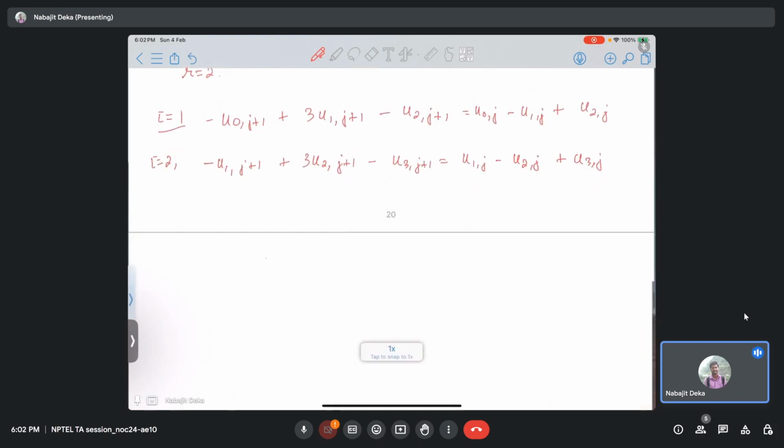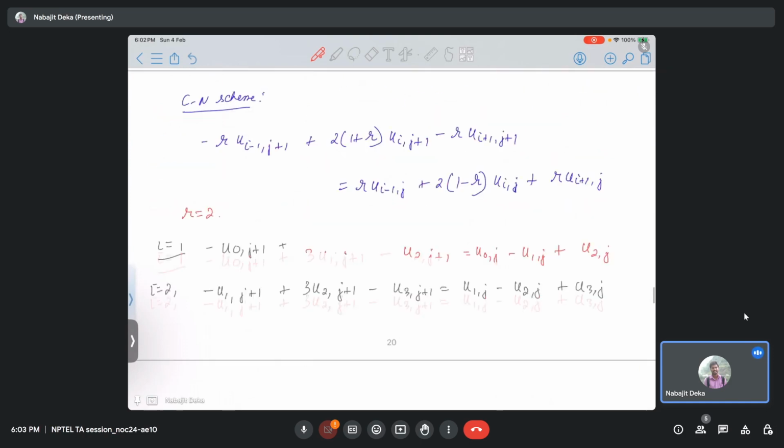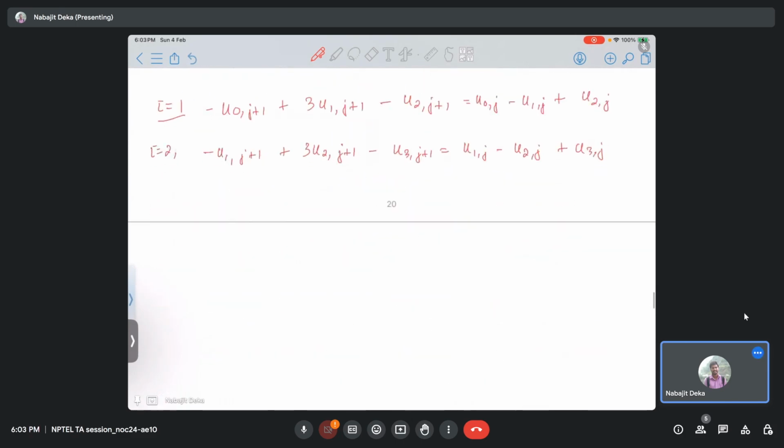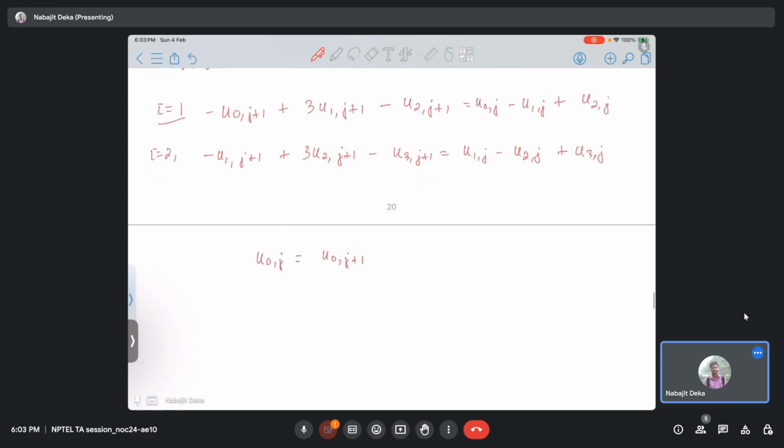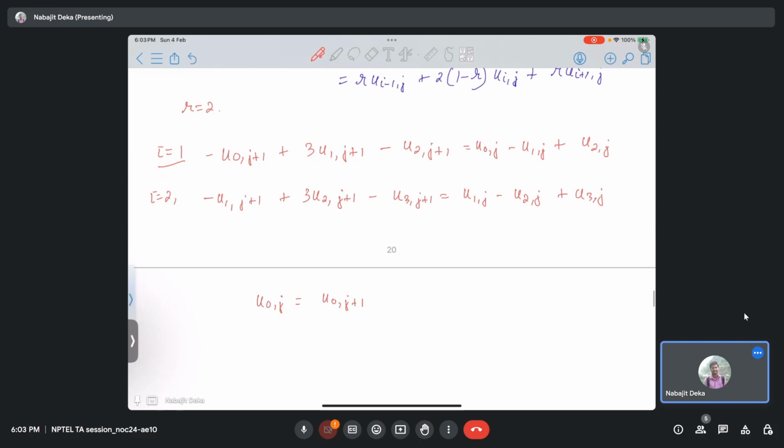Now we know that the boundary condition doesn't change with time. Since it's the boundary condition, at all times it will remain valid. So u0 comma j will be equal to u0 comma j plus 1, because i equal to 0 is a boundary condition. So that boundary condition will hold for j plus 1, j plus 2, everything, right? So these two are equal.